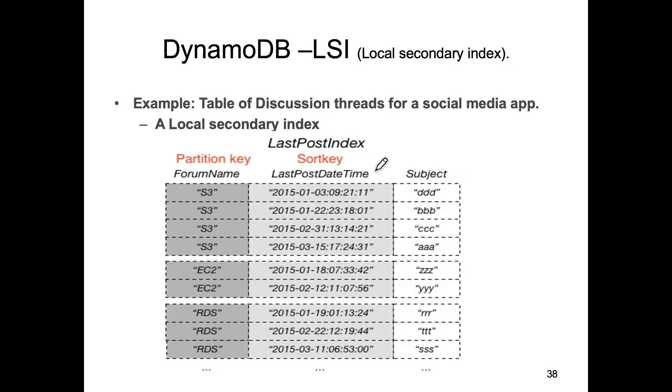What this local secondary index would now allow me to do is submit query requests to this table where the query might be, give me all of the threads related to the S3 service where the date of the posting begins with, let's say, 2015.